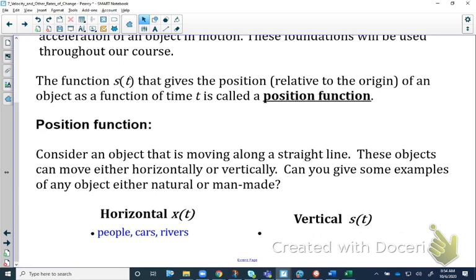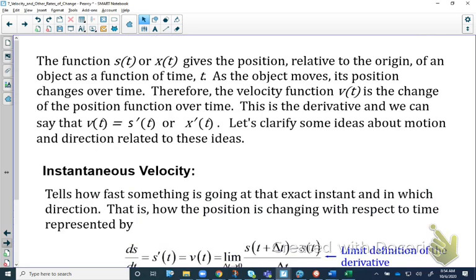Here, horizontal motion, most things that you can use for locomotion, and vertical, basically anything that is subject to gravity could be used for vertical motion. So the function s of t or x of t is going to give the position function. A lot of times you'll see it as s of t, but sometimes you'll see it as x of t.